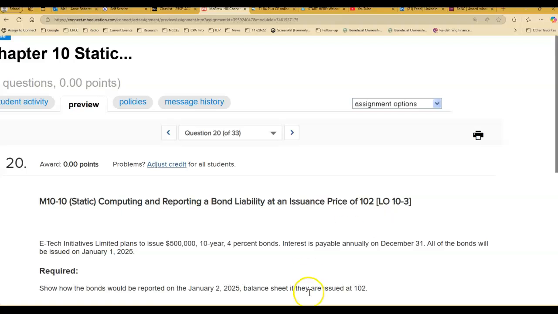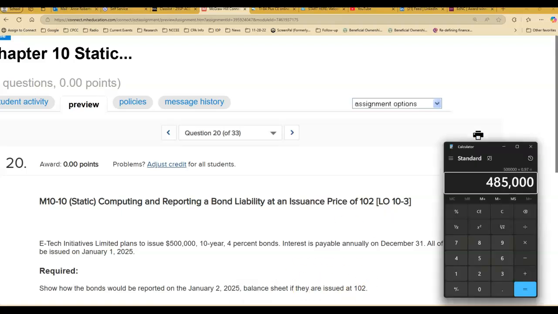So if they issue at 102, we simply take the 500,000 times 1.02. So they're going to issue at 510. Now, on our journal entry, when we issued them, cash is going to get 510.